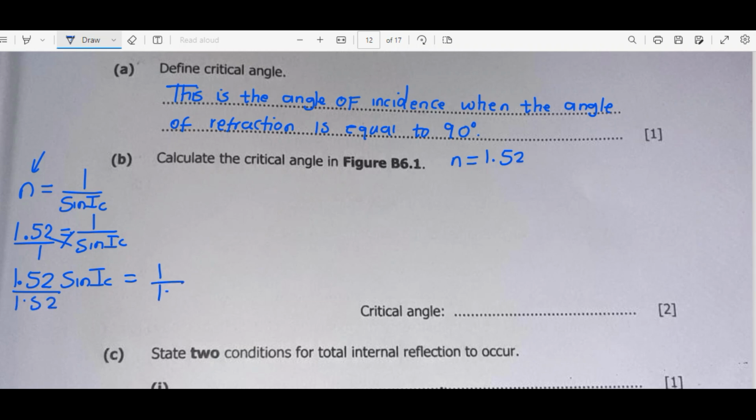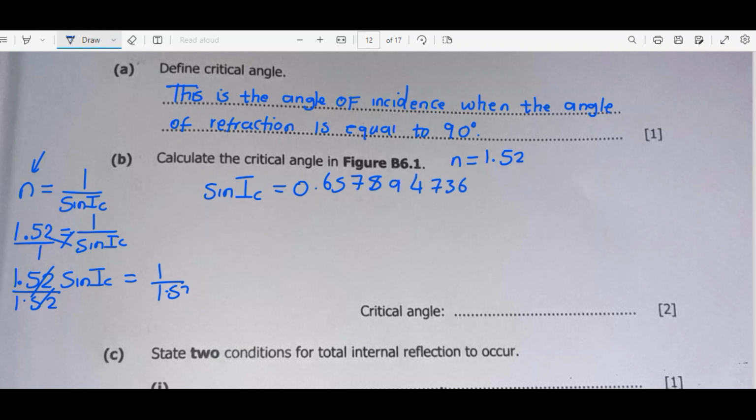So this is the same as finding the arc sine, the inverse sine, of the quotient of 1 over 1.52. So sine IC represents the critical angle. So what is 1 divided by 1.52? According to my calculator, I'm getting 0.657894736.